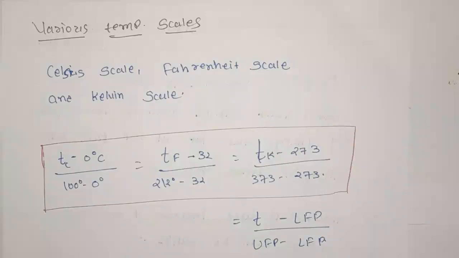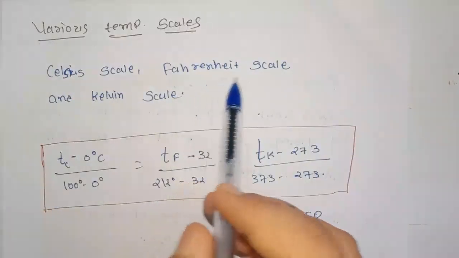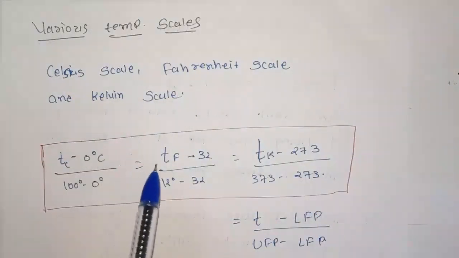Now let us discuss various temperature scales and the conversion between various scales. There are basically three temperature scales that we use. One is Celsius, one is Fahrenheit and the Kelvin scale.